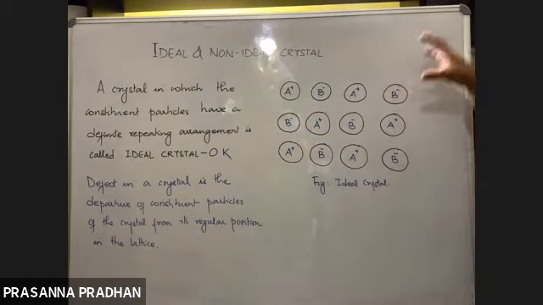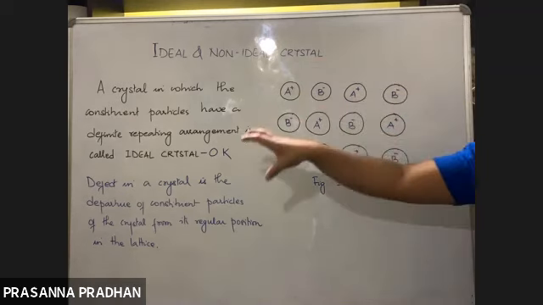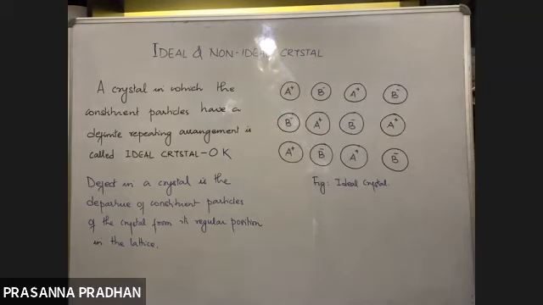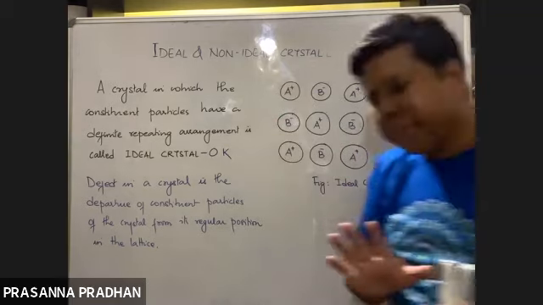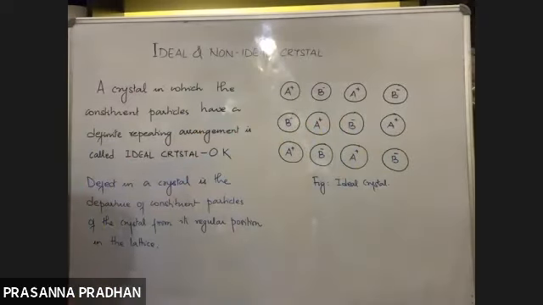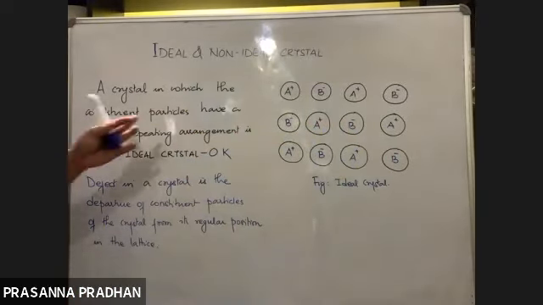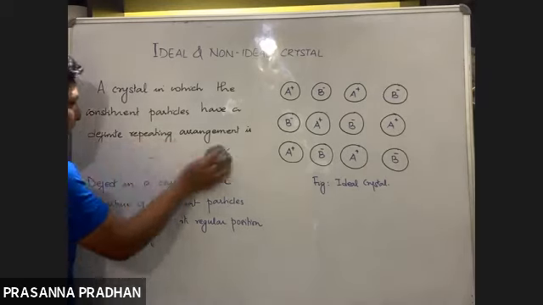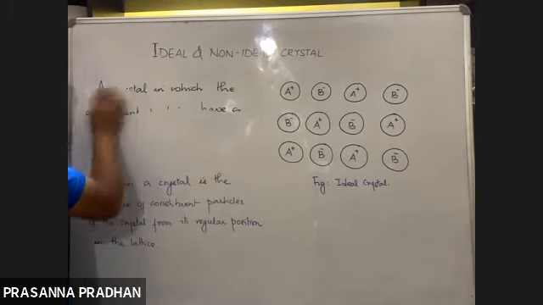Then the crystal has imperfections and defects. Understood? So if particles are missing from the regular position, the crystal is said to possess some defect or imperfection. Okay? Now, defects in a crystal are of two types.